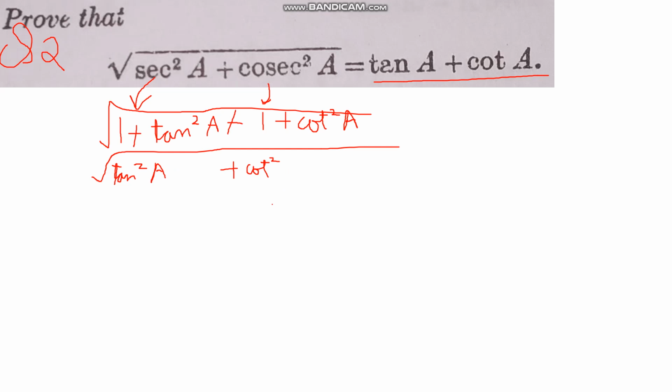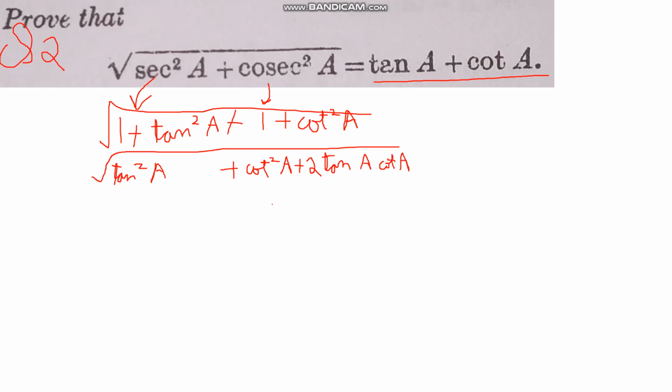I have rubbed the 2 because I have some reason to rub it. I am writing 2 again here, and instead of 2 we multiply by tan A. Since we are multiplying by tan A, we must divide it by tan A again. 1 by tan A is cot A, so we are writing like this.